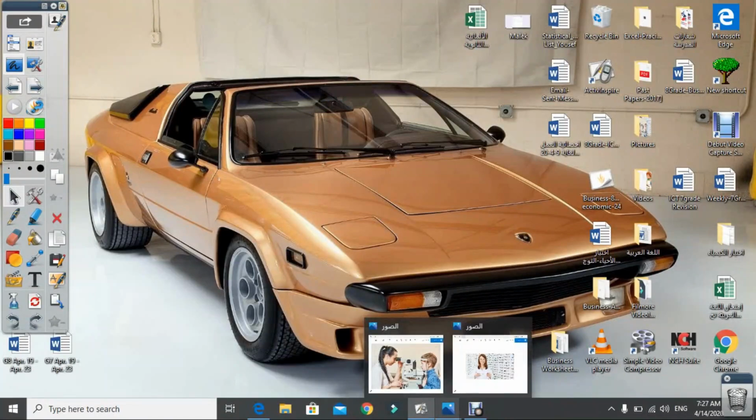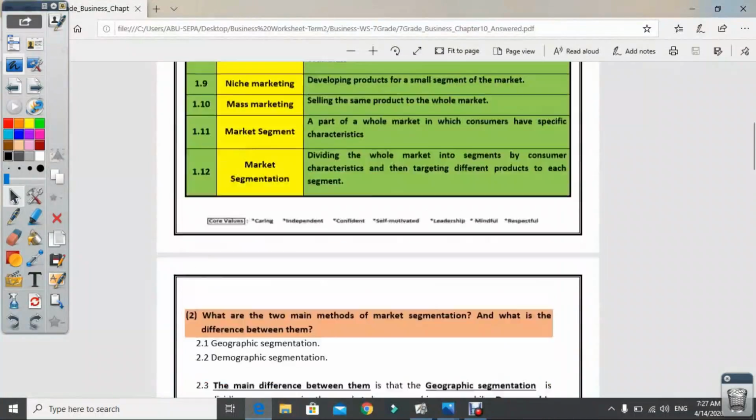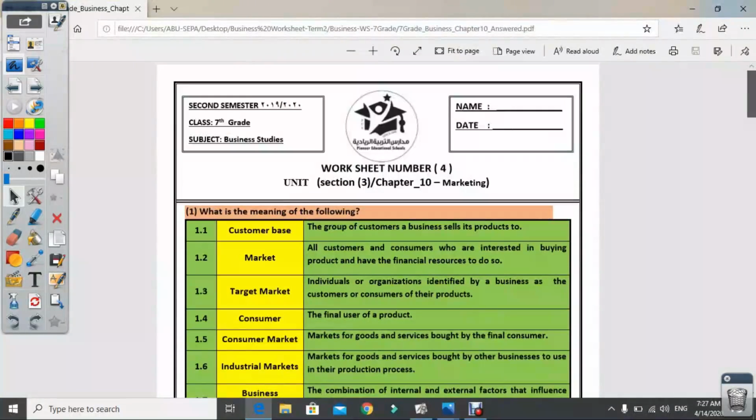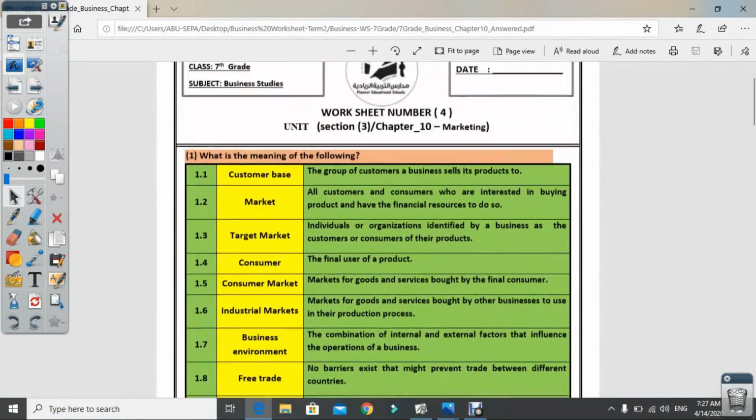Okay guys, you can follow me answering the worksheet related to Chapter 10 by opening your book to page 139 to see the answers. Okay guys, let's start. This is our worksheet for today. Question number 1. We have 12 definitions.